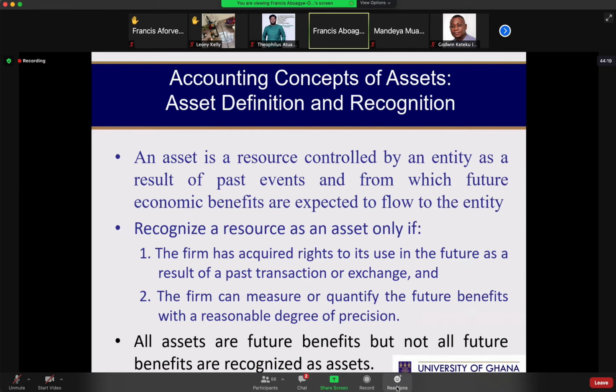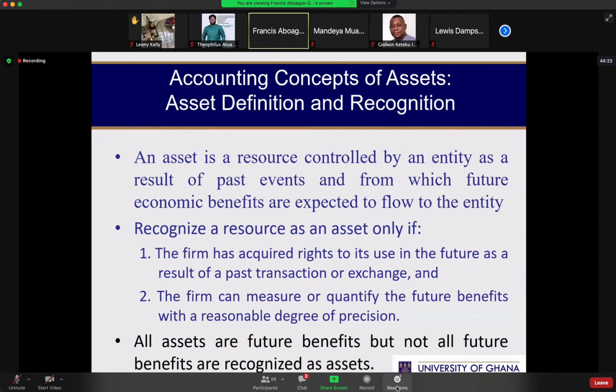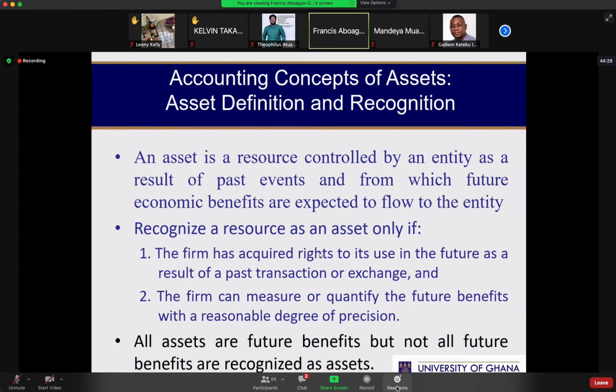Now, when we come back to a lease, indeed, a lease, you should have acquired the rights. So you see, the lease is the right to use. And here we're talking about finance lease, finance or capital lease. So finance or capital lease should be recognized as assets.